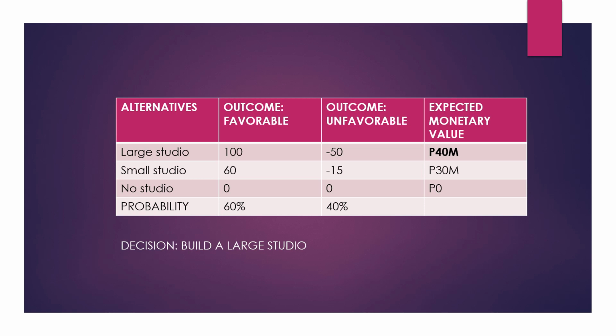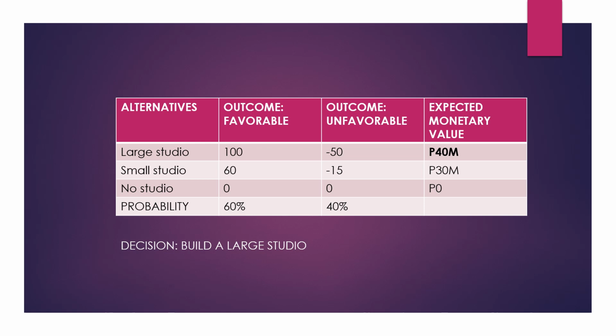For example, let's first compute the expected monetary value for a large studio. 100 million, multiplied by 60%, plus, if the other outcome happens, 40% of a 50 million loss. So you have an expected monetary value of 40 million.